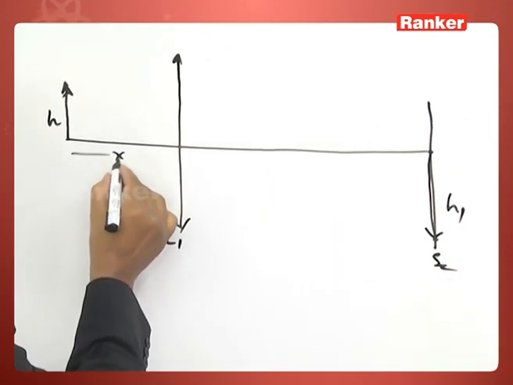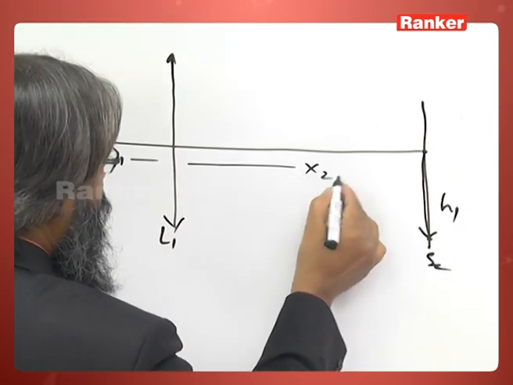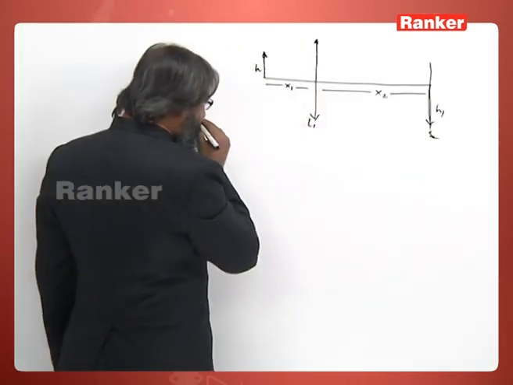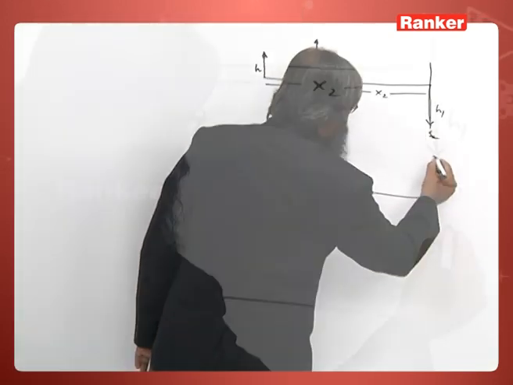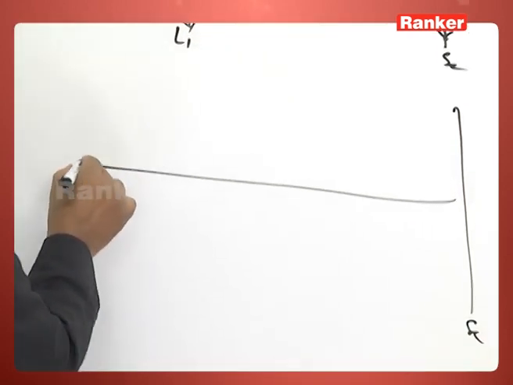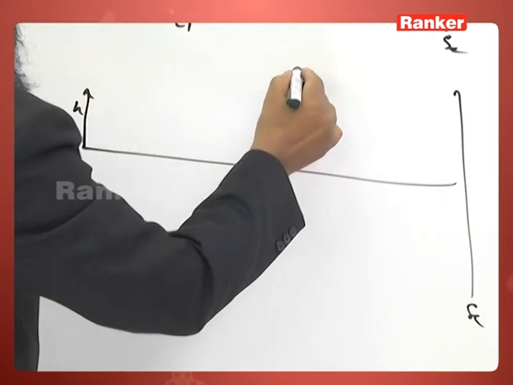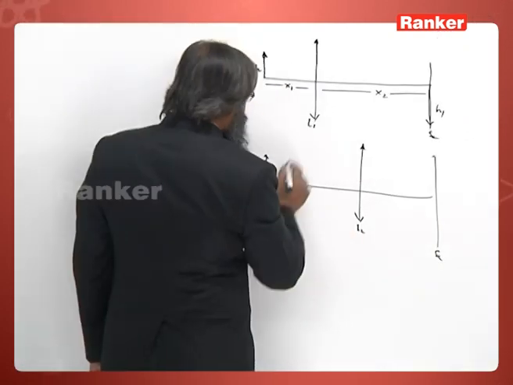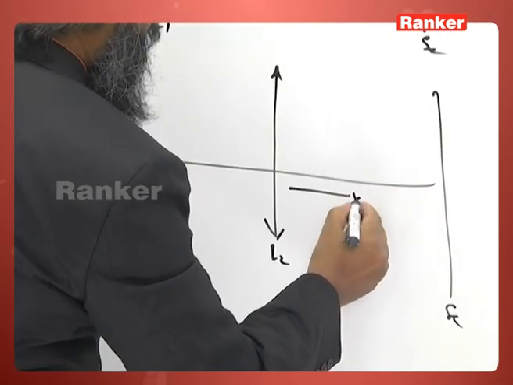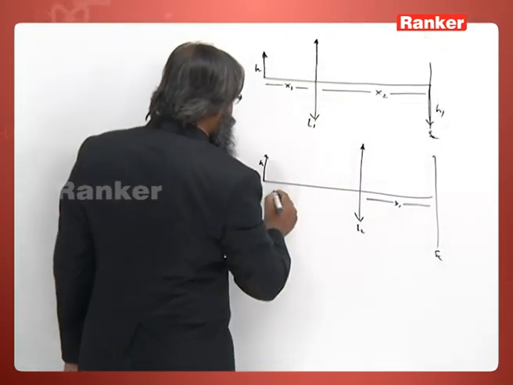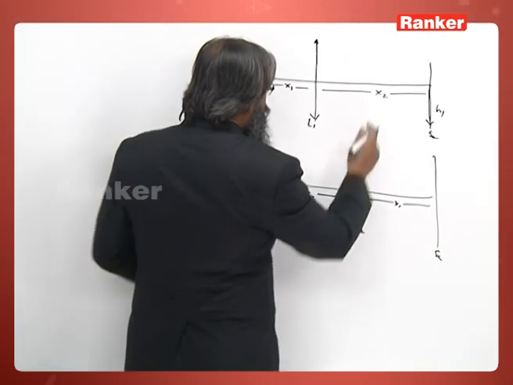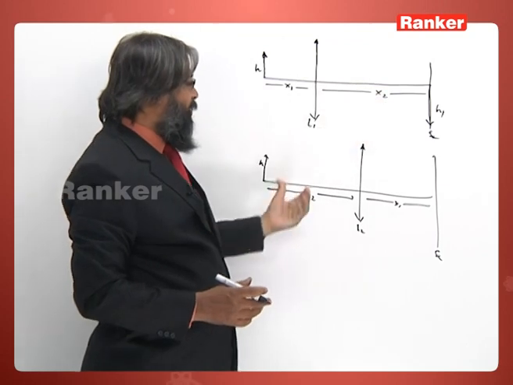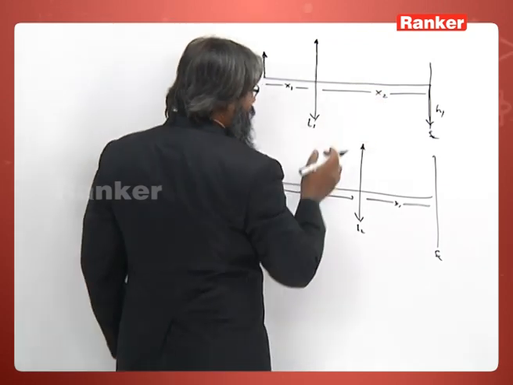We see this distance is x1 and this distance is x2. Now, for the second position, we have this h and the second position is here, L2 position. So, this x1 distance comes here and this x2 distance comes here. So, you see the distances are exchanged. We call this as delta.